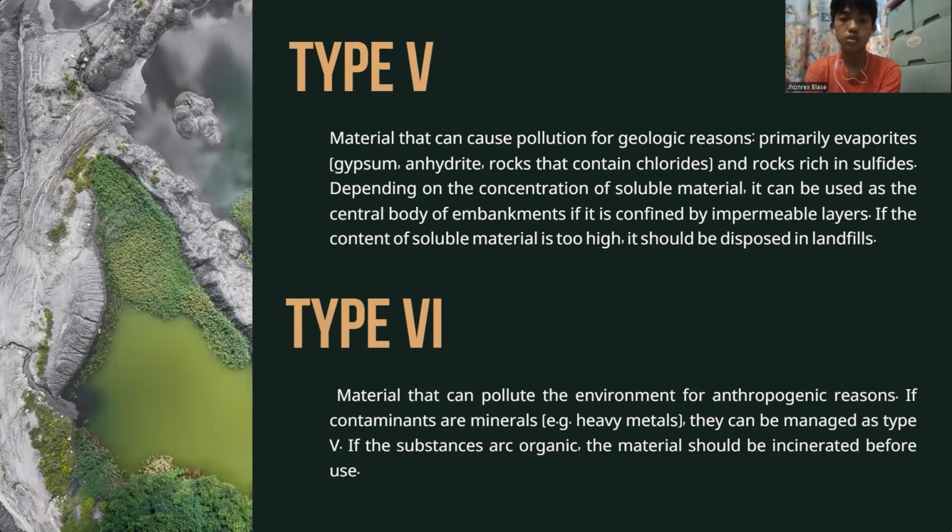It can be used as the central body of embankment if it is confined by impermeable layer. If the content of soluble materials is too high, it should be disposed in a landfill.